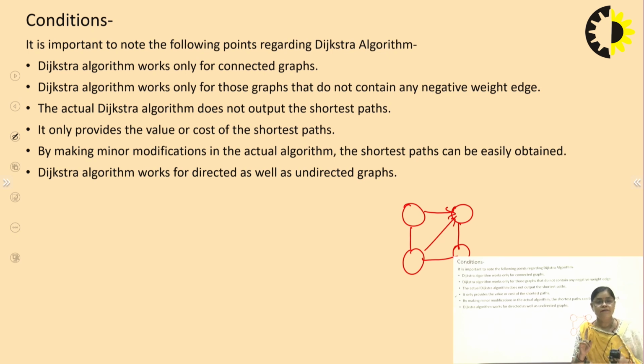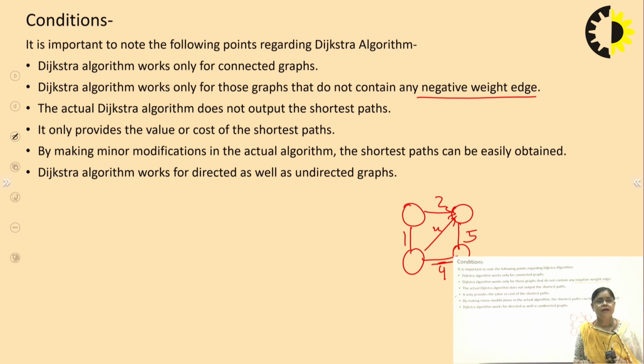Okay, and one more thing we have to ensure, that it does not contain any negative weight edges. What we are writing here should not be a negative edge. Otherwise, we cannot solve it by the Dijkstra algorithm, that is solved by another algorithm.